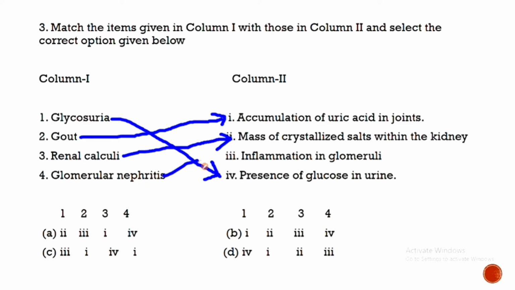So it will match with inflammation of glomeruli. So from this, the right option to select from A, B, C, D: 1 matches with 4, 2 matches with 1, 3 matches with 2, and 4 matches with 3. So the right option will be option number D.